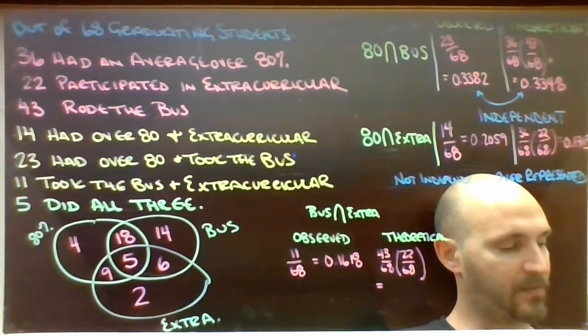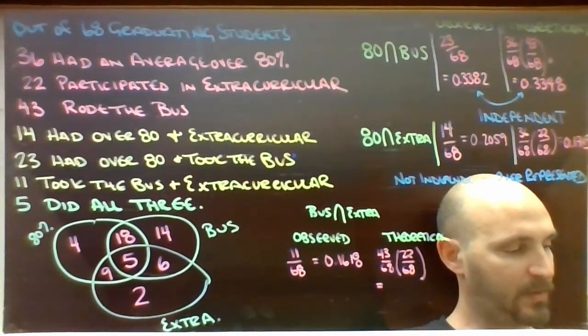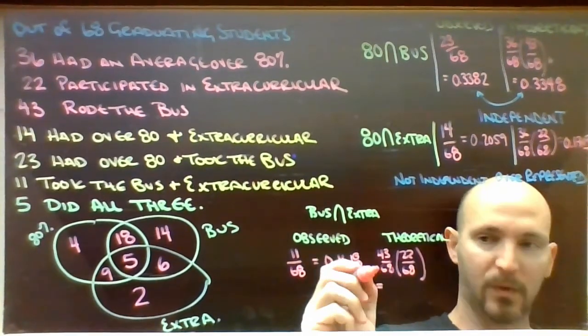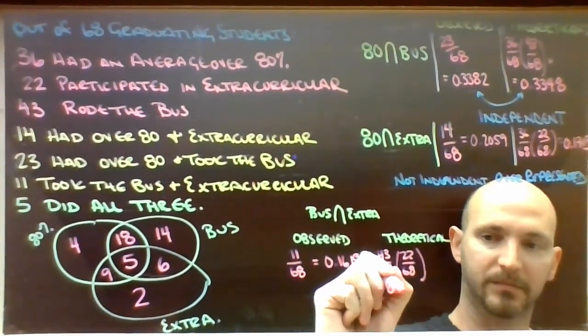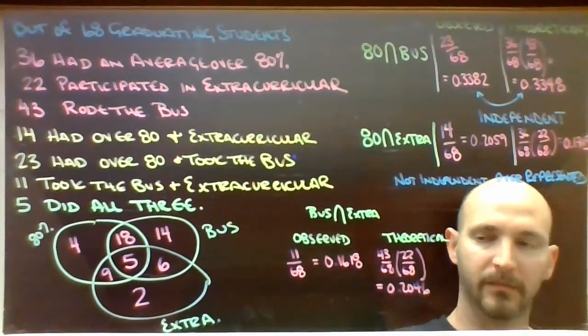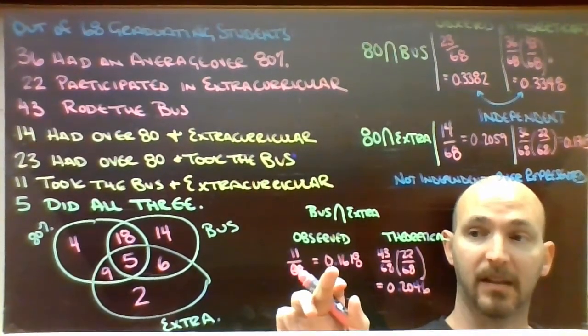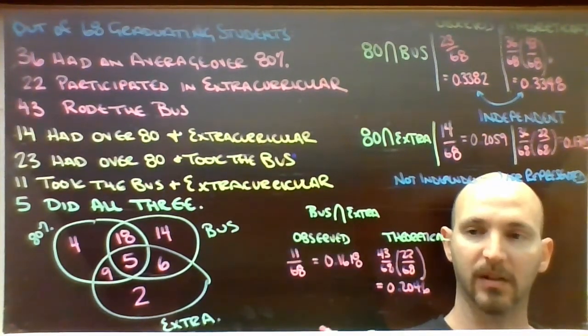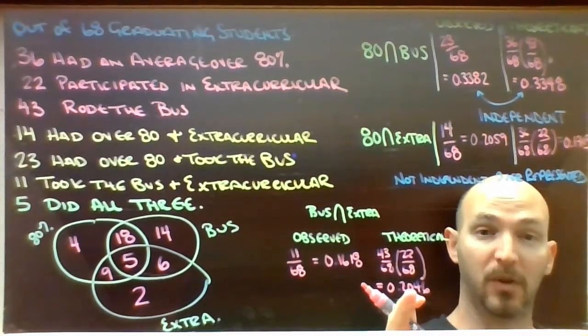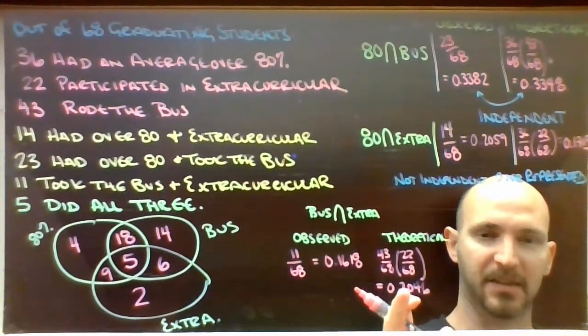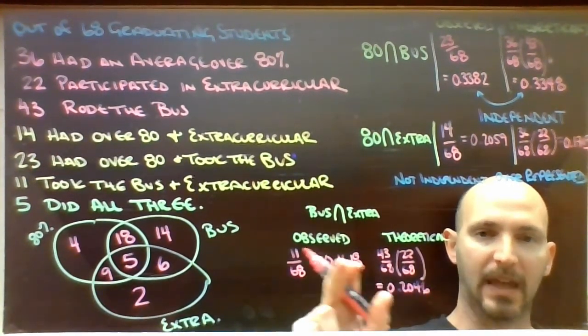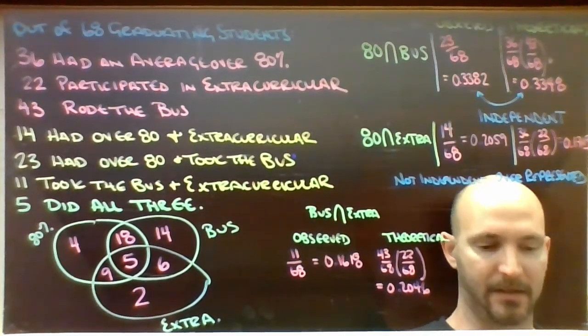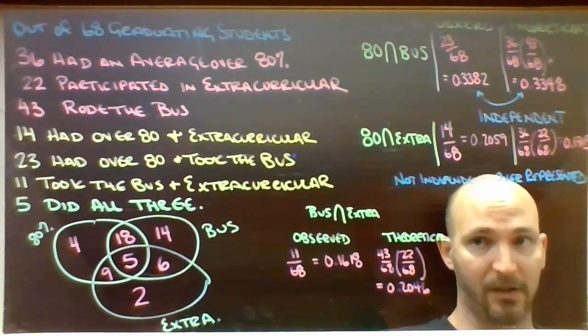Let's see what that gives us. 43 out of 68 times 22 out of 68 gives us 0.2046. So that's a 16%. Only 16% of people were observed to do bus and extracurricular. And in theory, there should be almost 21. A little more than 20, a little less than 21. So these two things are not independent because those percentages don't match.